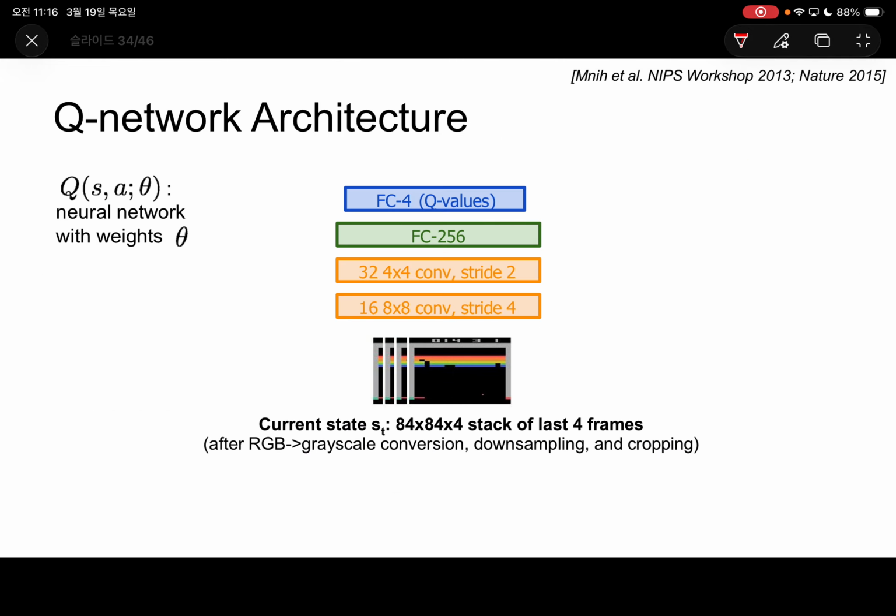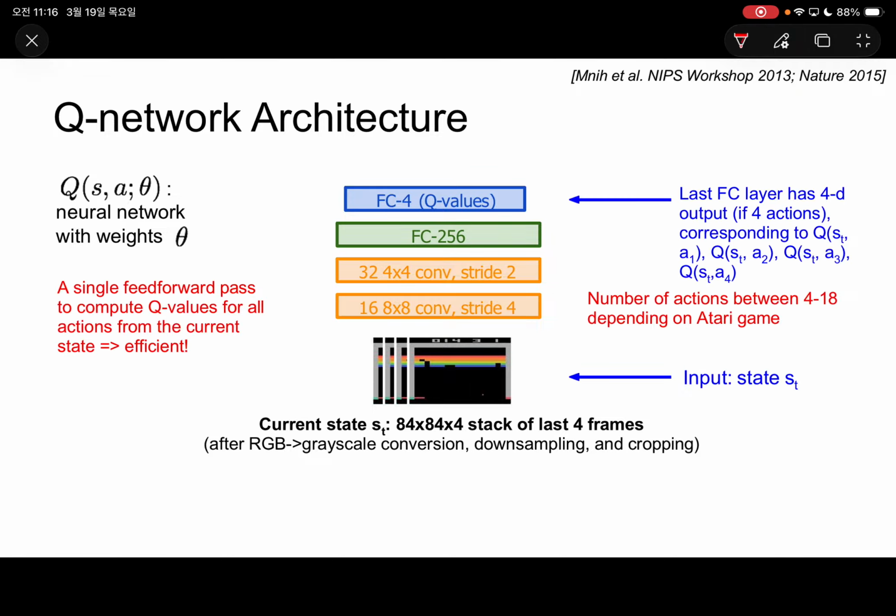We can pass the raw pixels of maybe the last 4 frames as input. We can use any neural network, convolutional network or anything suitable for image processing, with a single feed forward pass to compute Q values for all actions from the current state, right?